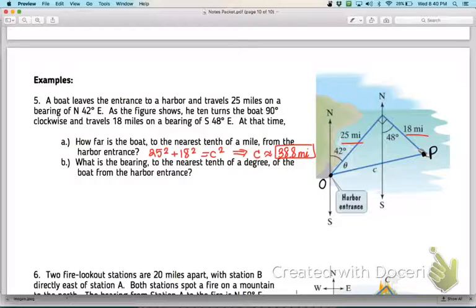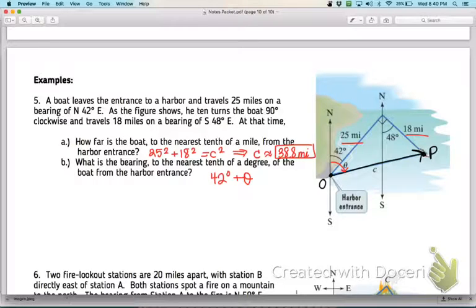So we want the bearing of this ray right here. That means we need this angle. In order to figure that out, I have to figure out theta so that I can add those two together. I know that that angle is going to be 42 degrees plus theta. Okay? We know that that's what we're going to get. So we have to do a little bit of work to figure out theta.